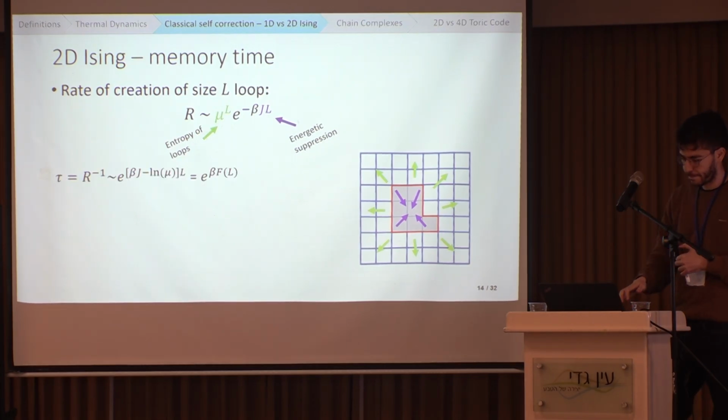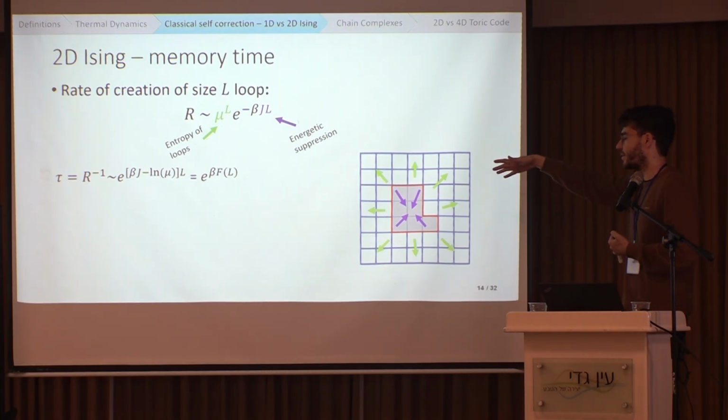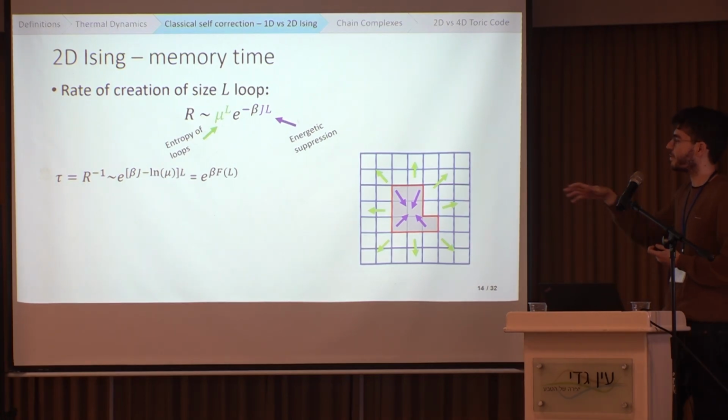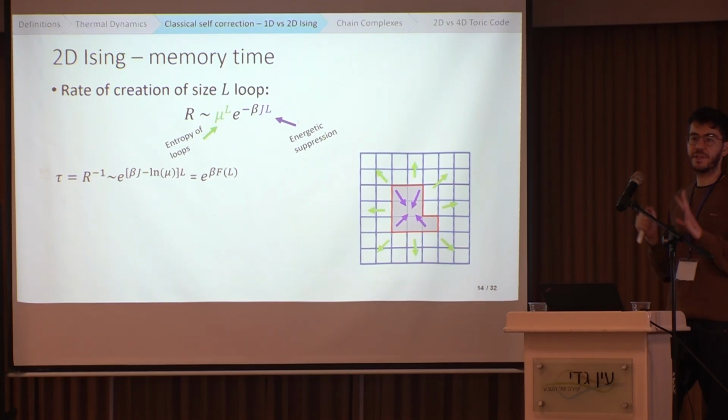We can infer from this the memory time, and we see that we can write it as the exponent not of the energy, but of the free energy. When I say free energy here, it's a bit of an abuse of notation, because free energy is a property of the system, not of a configuration.